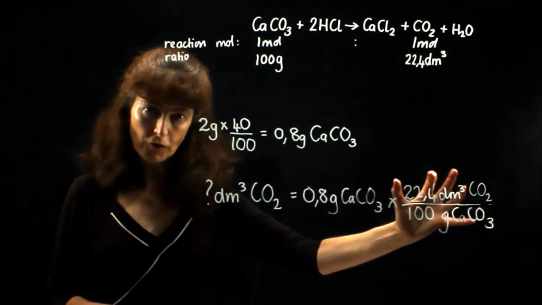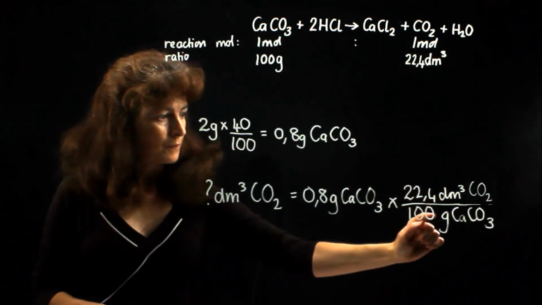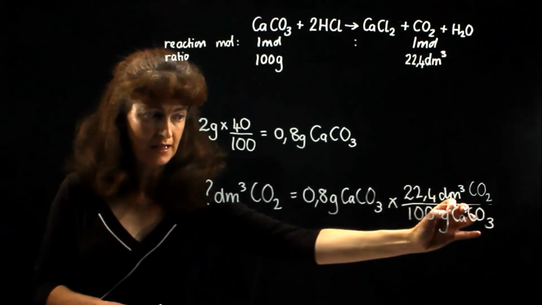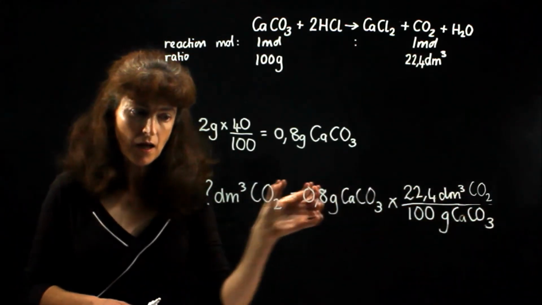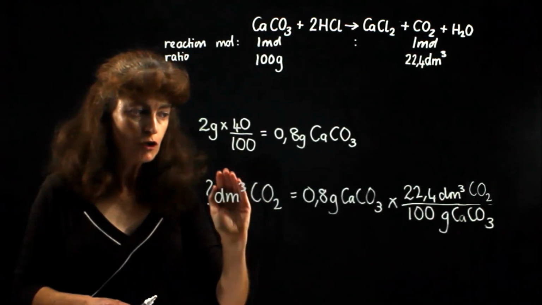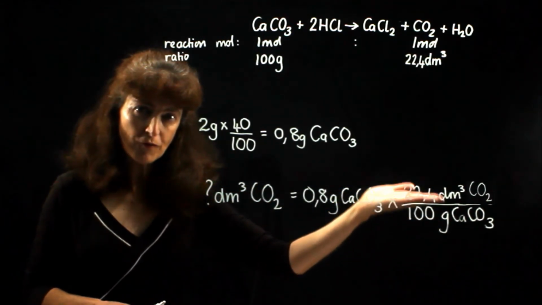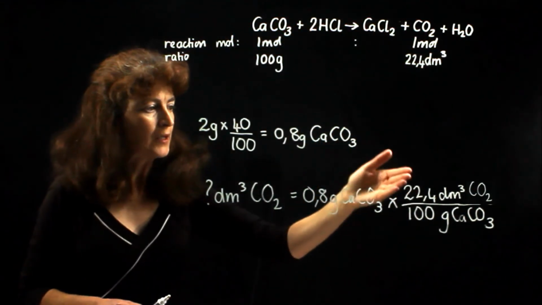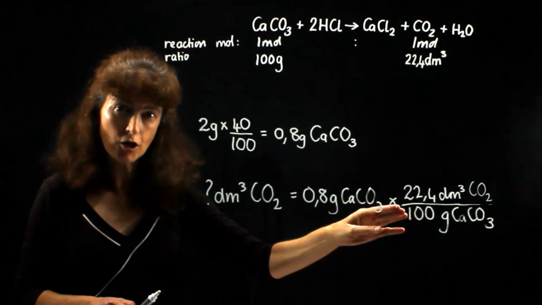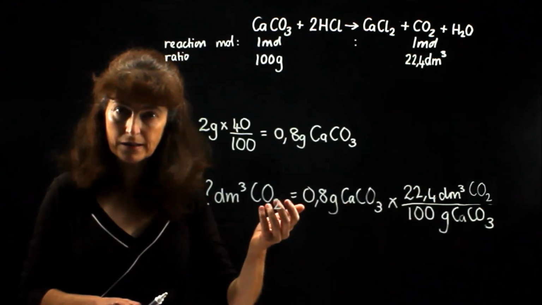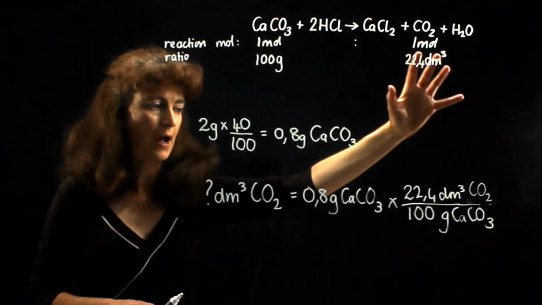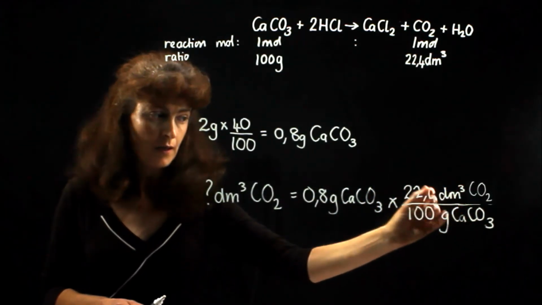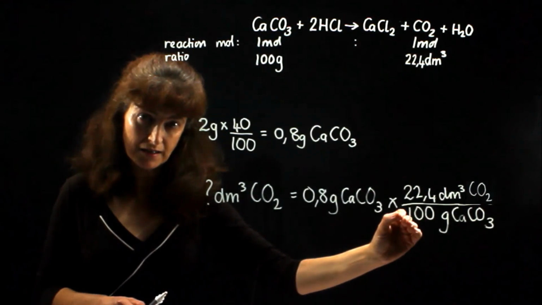Notice this conversion factor here. 1. Its units are such that they cancel out the given unit and introduce the required unit. 2. The top and bottom refer to equivalent amounts for this particular reaction because they are the reaction ratio in the required units for this particular reaction. And so we are in effect multiplying by 1 because the top and the bottom are equivalent.